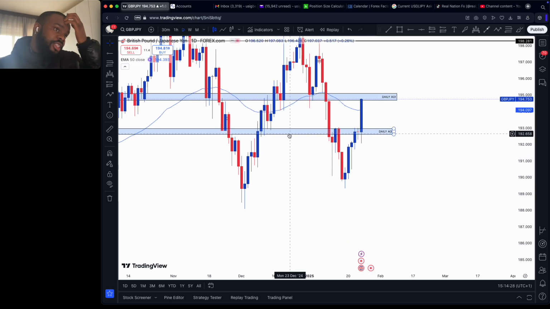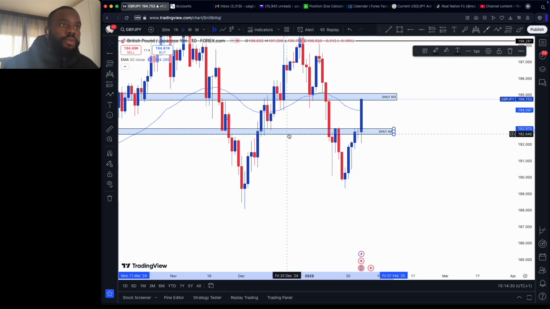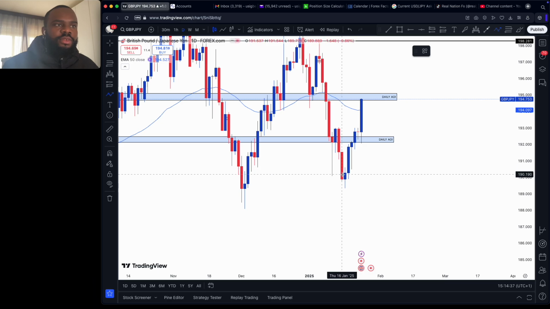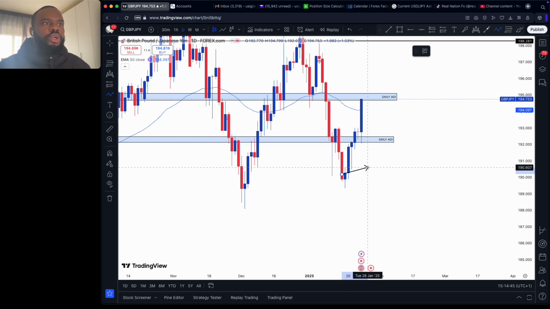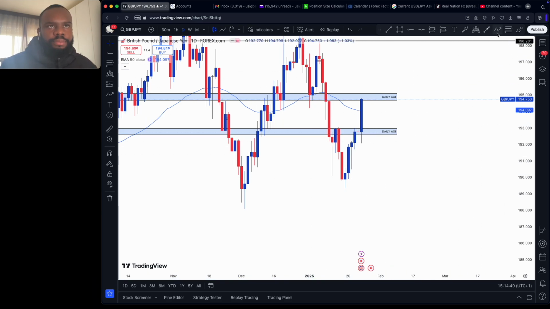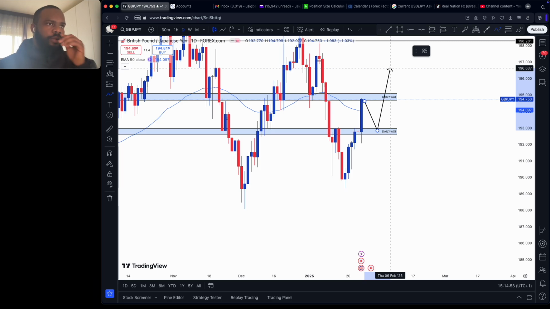What I was expecting for GBP JPY was equally to short, which was here. Price came all the way to the zone, faked out, and all of a sudden you see the price move to the upside. Now what I am waiting for is a pullback, then to continue to head to the upside.